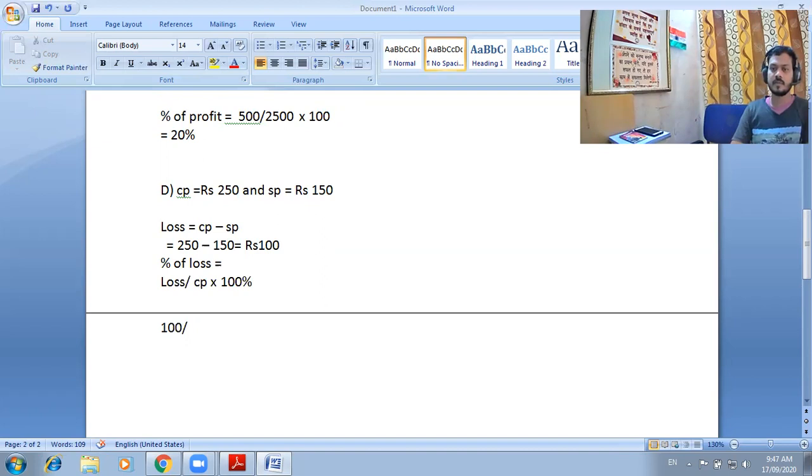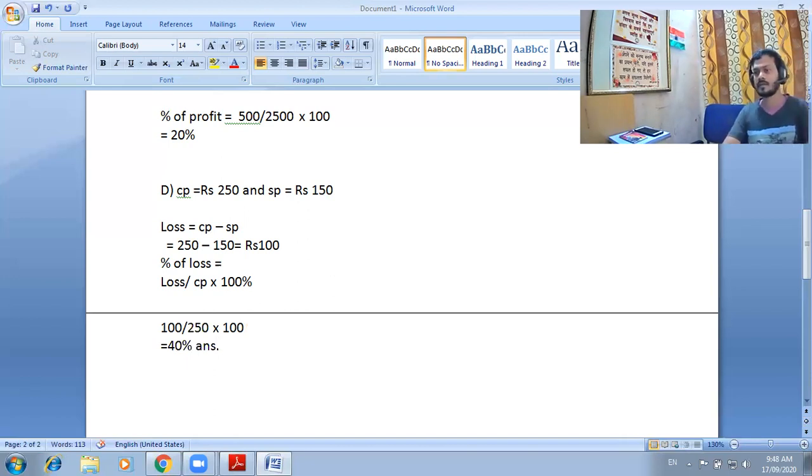The value of CP is 250 into 100. So 0 and 0 cancel out, and 25 fours are 100, so we can write here 40 percent is the actual loss on that given question. Right here the answer is 40 percent.